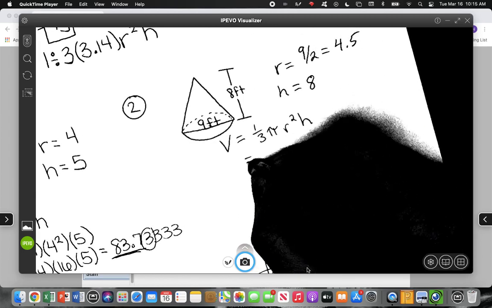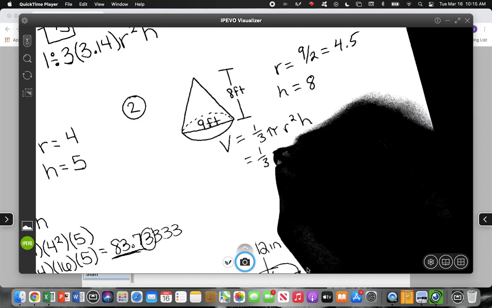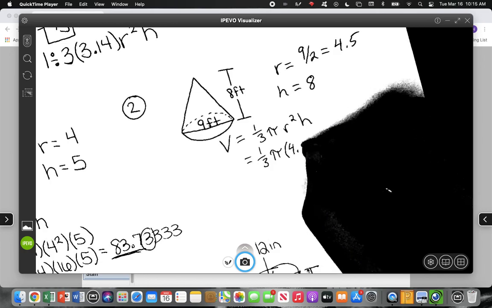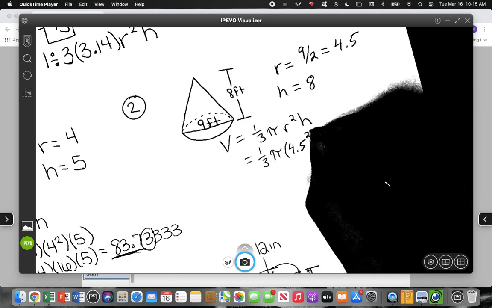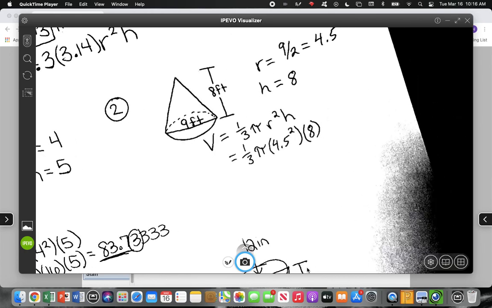All right, so now I can start plugging in. What am I going to plug in for r? 4.5. So we're going to have 4.5 squared. All right, and then what's h? 8. All right, so what is 4.5 squared?